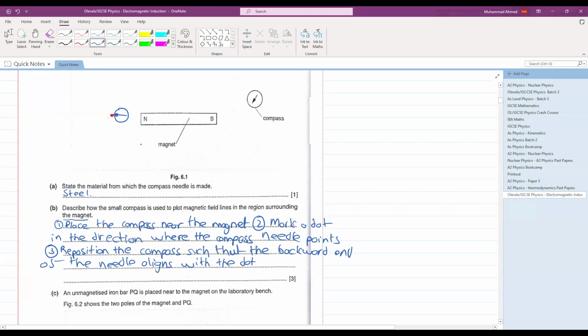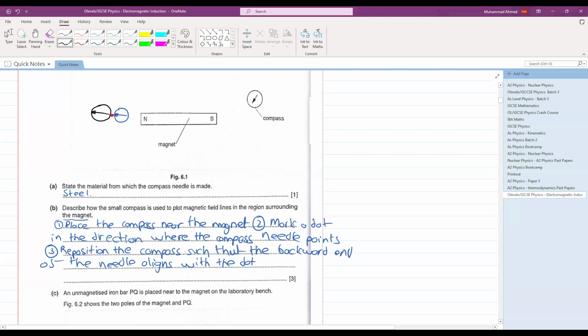So now we have to take the compass and reposition it at a new position where the backward end of the compass needle aligns with the dot.